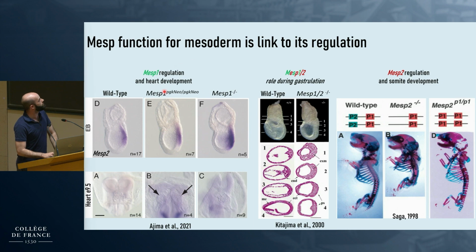But if you do a different construct, and this is how the mutant was initially studied, there was an insertion of a PGK-NEO cassette instead of the coding sequence of MESP1. And when you do that, this prevents the ectopic or induced expression of MESP2, and this leads to a cardiac phenotype. So clearly the regulation for these genes is hugely important into what phenotypical outcome you get.